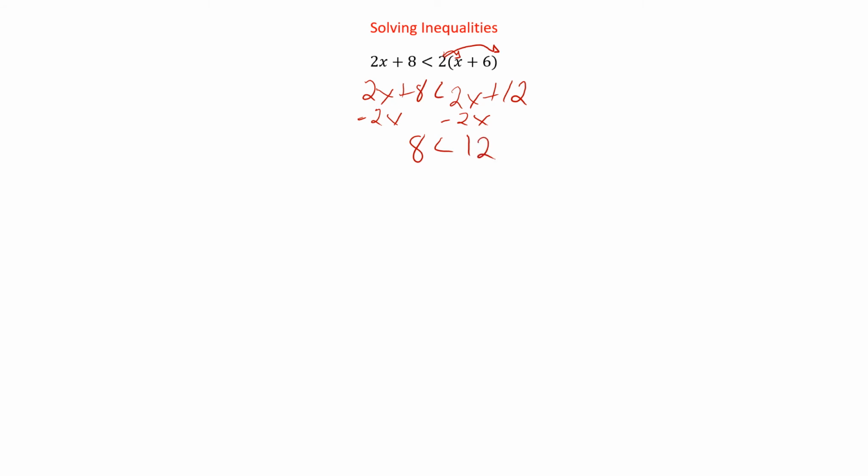Well, our variables disappeared again. So what do we do? Same thing we do when it's an equal sign. What's left is either going to be true or it's going to be false. If it's true, it's an identity, and the answer would be all reals.